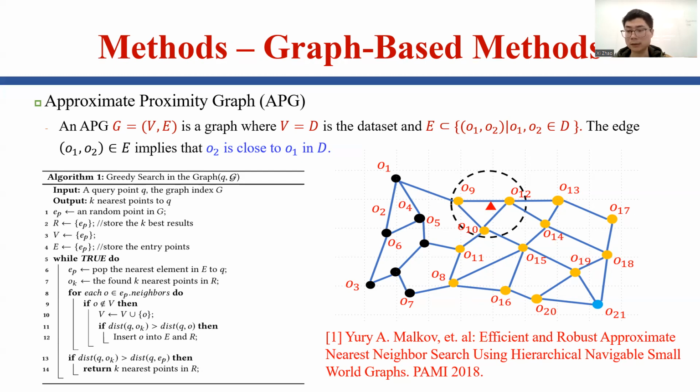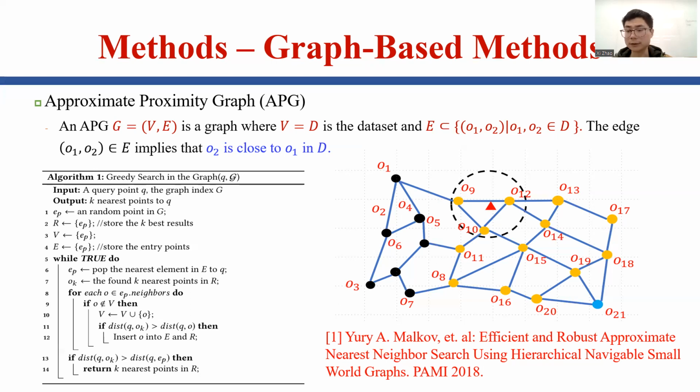To conduct an ANN search, we can adopt a greedy search. First, the search begins from a so-called entry point, for example, the point o21 in the figure. Then we compute the distance between the query point Q and each neighbor of the entry point, i.e. o20, o19, and o18.